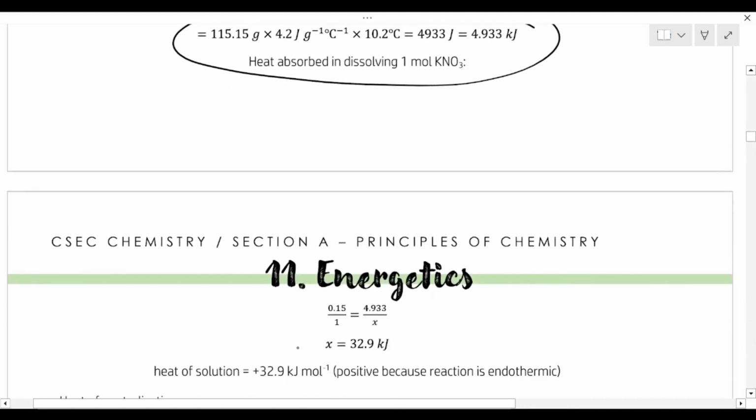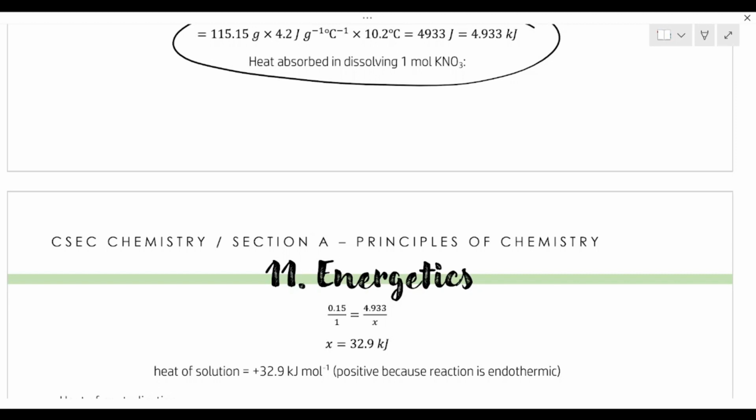If 0.15 moles produces a heat change of 4.93 kilojoules, then 1 mole produces 32.9 kilojoules. Just divide 4.93 by 0.15. And the heat of solution is hence 32.9 kilojoules per mole.